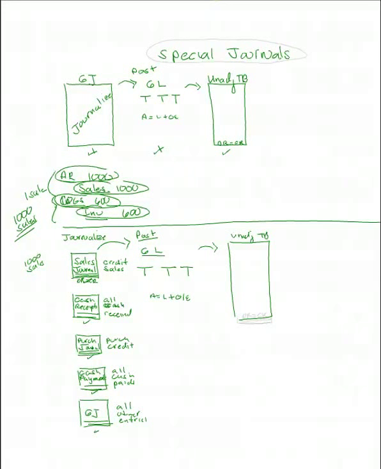And if your debits equaled your credits in each journal, then when you post, your debits will equal your credits. So when it comes time to pull off an unadjusted trial balance, things will work out just fine, and it too will balance. That is the shortcut then offered by special journals.